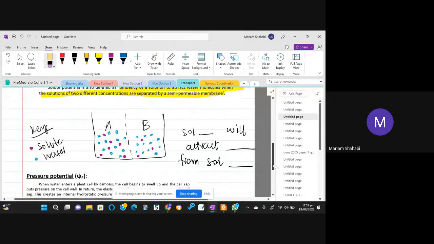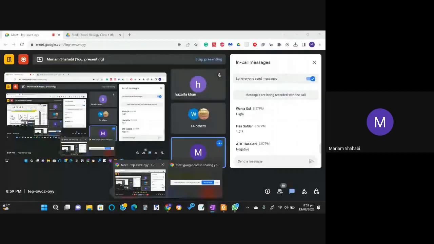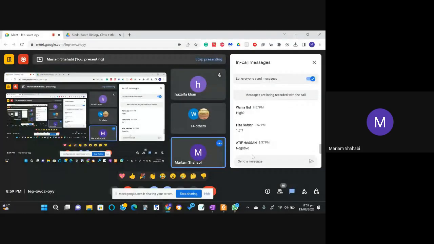So now look at this little diagram and just fill in the blanks. Everything is in, all the information is given. Guys, I need a response.